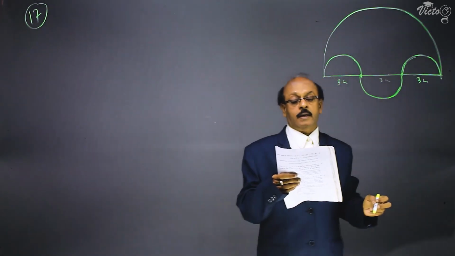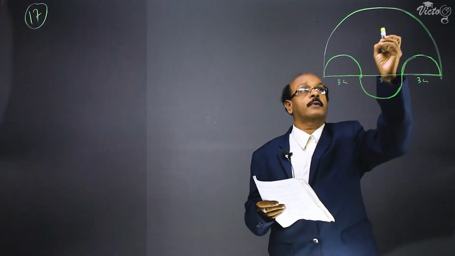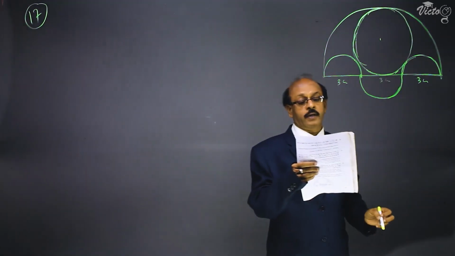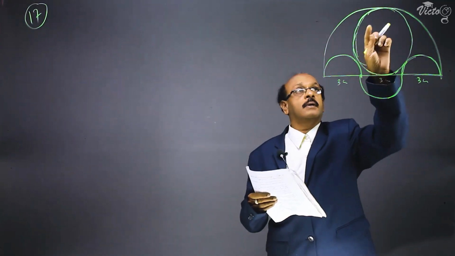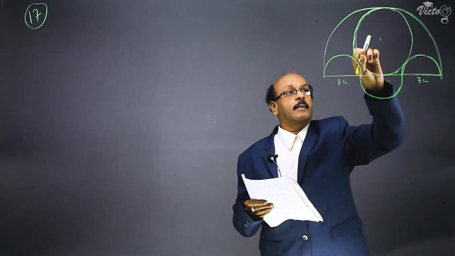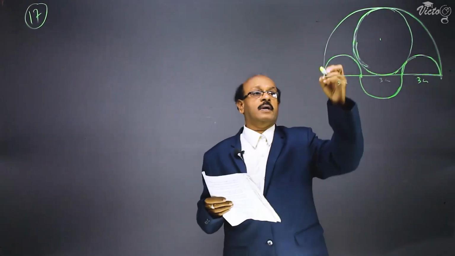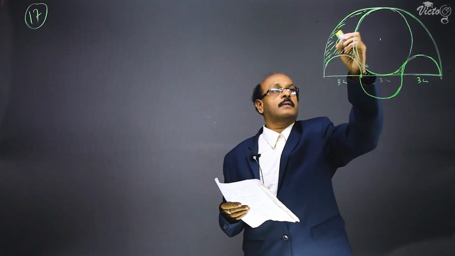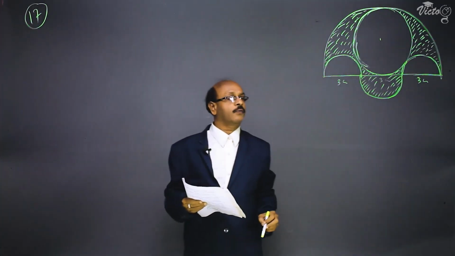Then a circle of diameter 4.5, and this is empty. And the shaded portion is these shaded parts. This is the figure. We have to find the area of the shaded part.